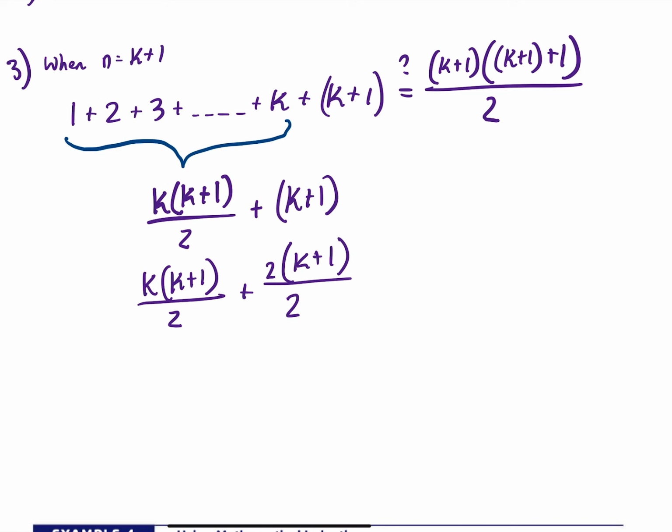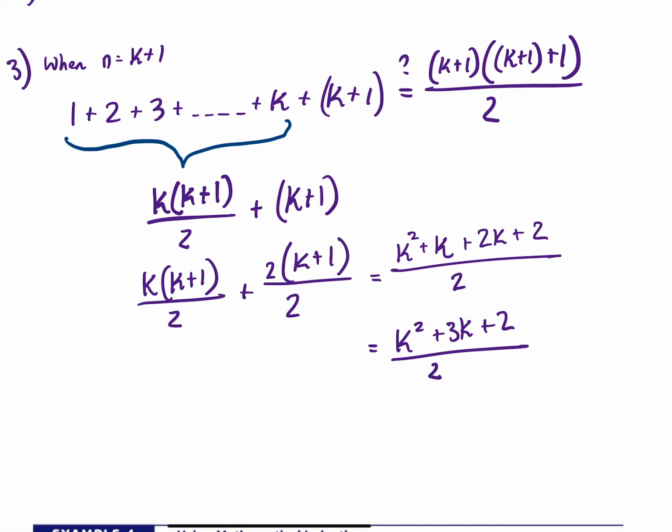And so let's combine this into a single fraction, and I'll distribute these two terms. So on the left side, I'll get k squared plus k. And on the right side, I'll get plus 2k plus 2 all over 2. So this will give us k squared plus 3k plus 2 over 2.